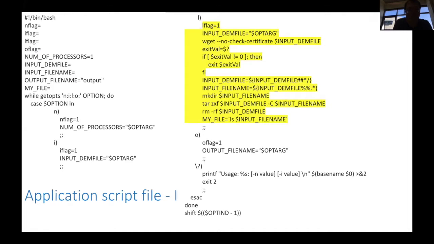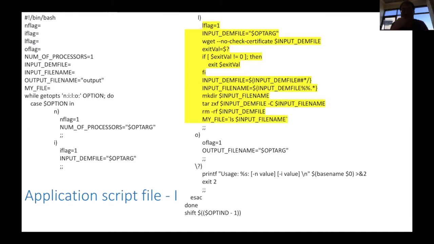Okay. In order to do that, one more thing is we create an application script for the TauDM binary executable code, because this is the Opal specification. The -i input, from the Opal perspective, has a URL.